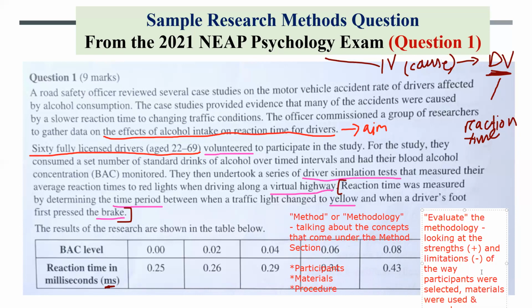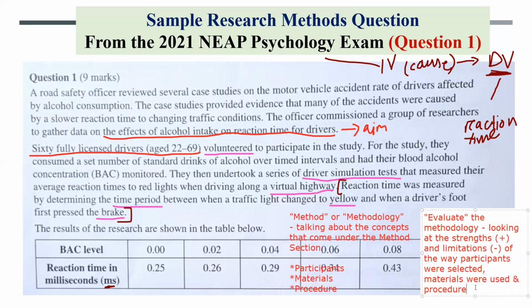If you feel like there's anything in there that's a bit limiting or a bit flawed in terms of that methodology, you can then evaluate that. If they ask you to evaluate that, they're not asking you to quote everything directly from the scenario, but what they're asking you to do is to criticize or to critically evaluate the way that the participants were selected.